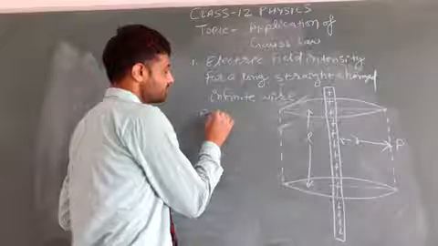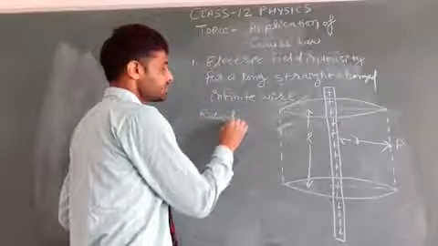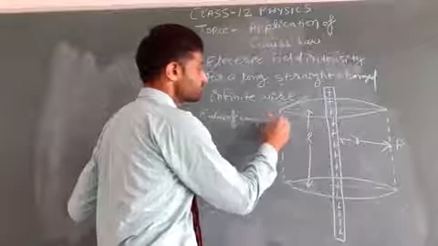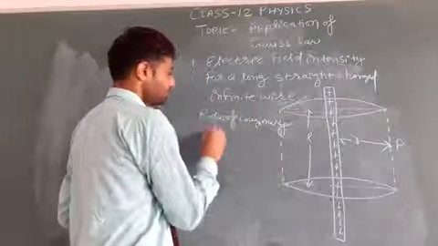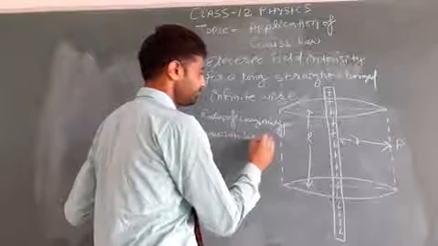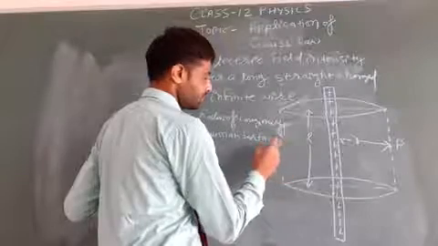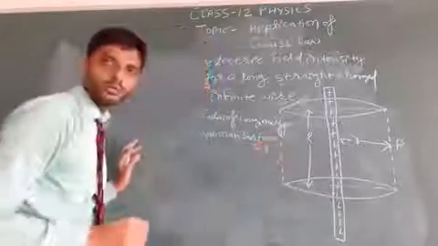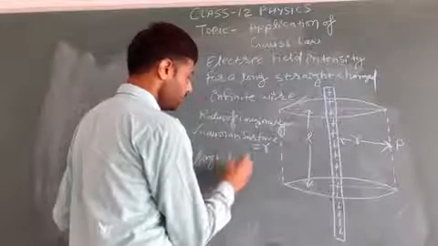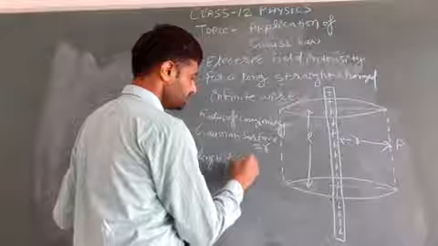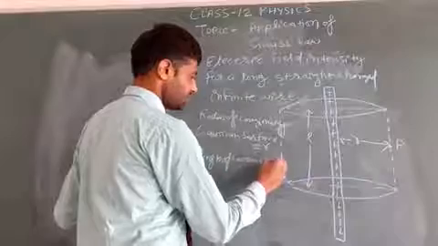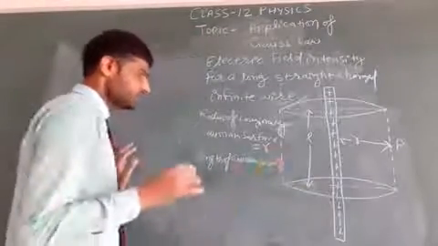So you can write: radius of the imaginary Gaussian surface equals R. Length of the Gaussian surface is L, and this is cylindrical.